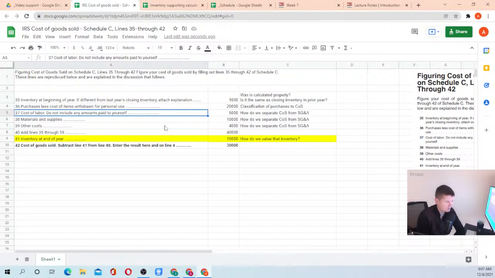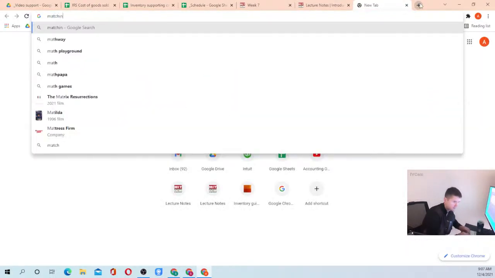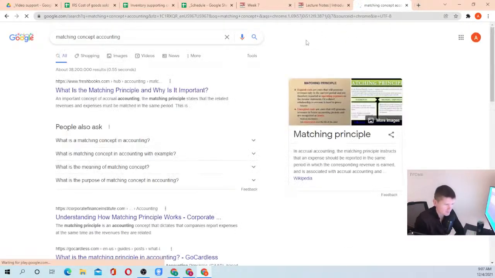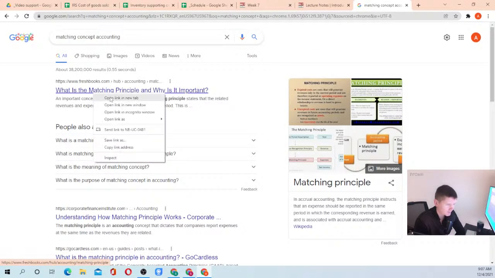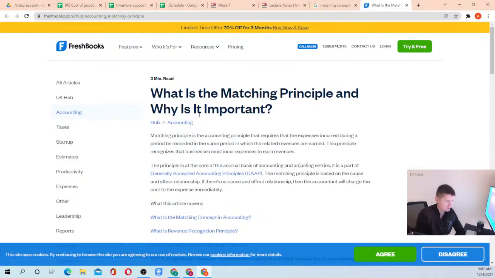As you can remember from previous lectures, there is a matching concept in accounting. Let me just pick up some definition about that. What is the matching principle? Basically you need to match your revenues and your expenses.